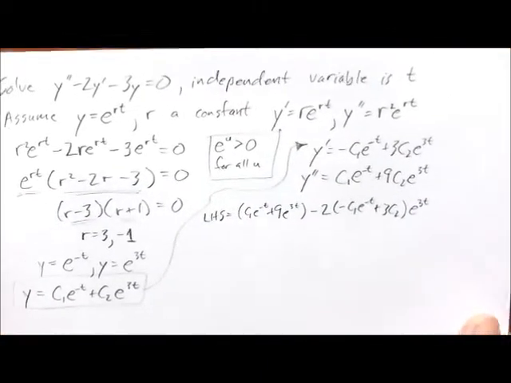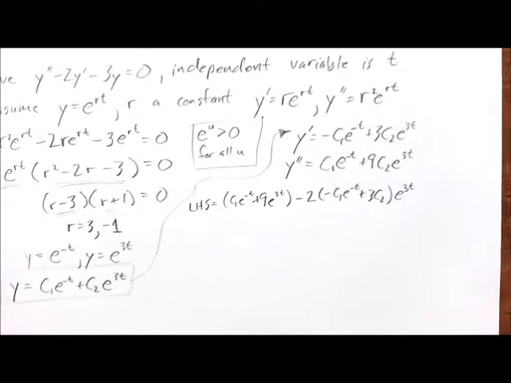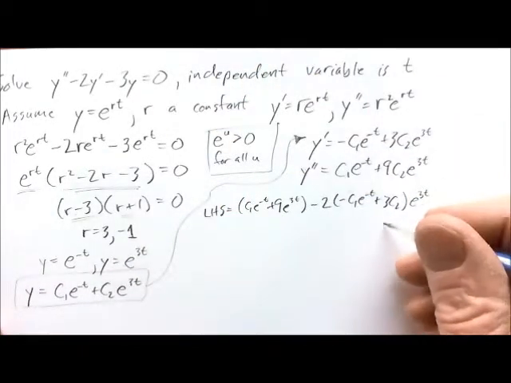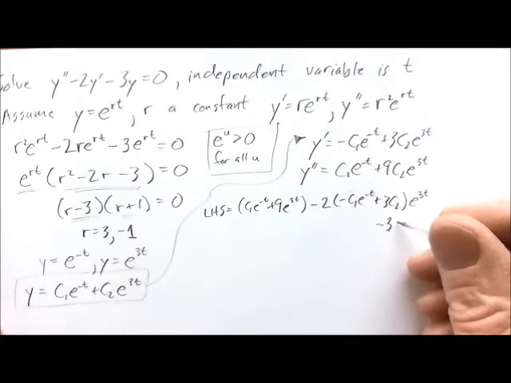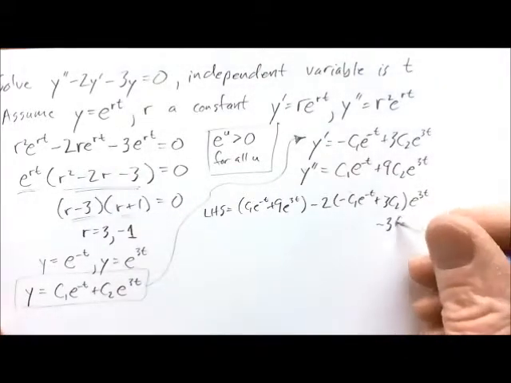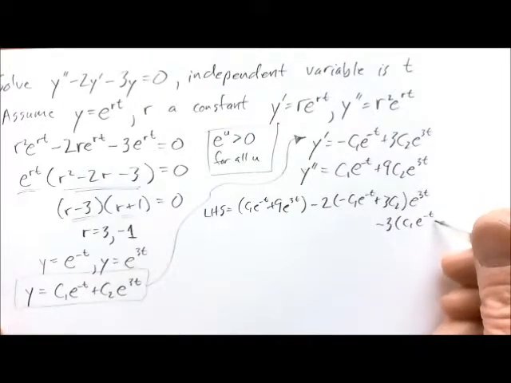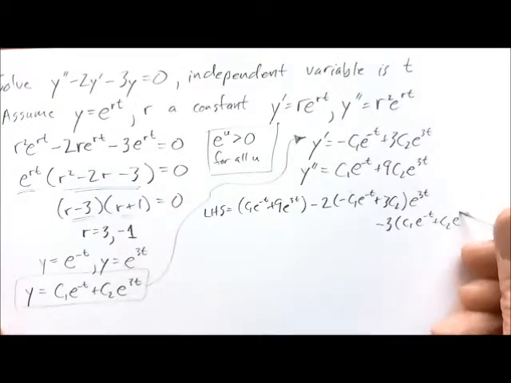And let me move the paper over, give us a little bit of room here to work with. And then we have to subtract 3 times our y, which is c1 e to the minus t plus c2 e to the 3t.